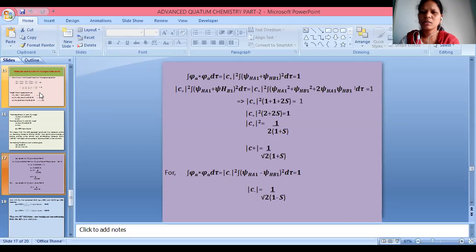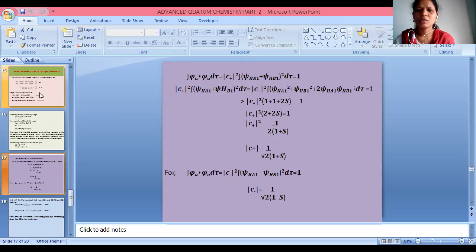Then the integral of psi of HA1 into psi of HB1 d tau is the overlap integral S, which we have seen in the last derivation. Finally, this can be written as C plus whole square into 1 plus 1 plus 2S is equal to 1.